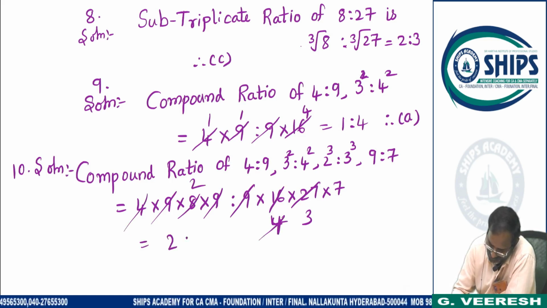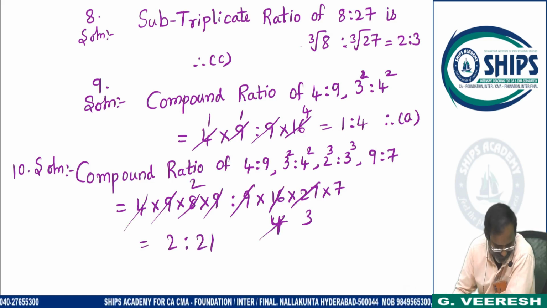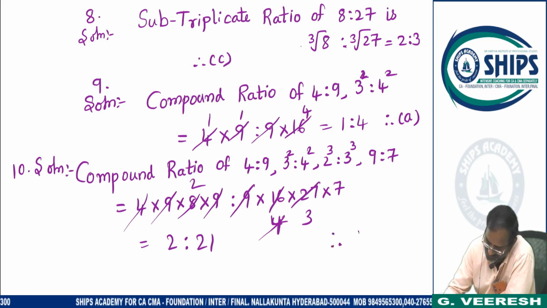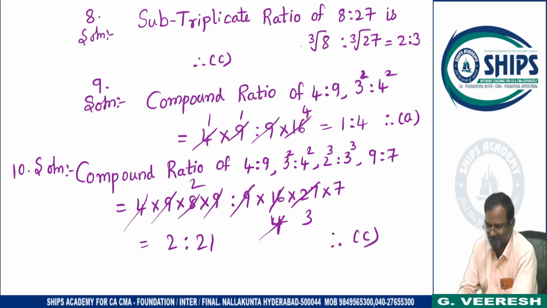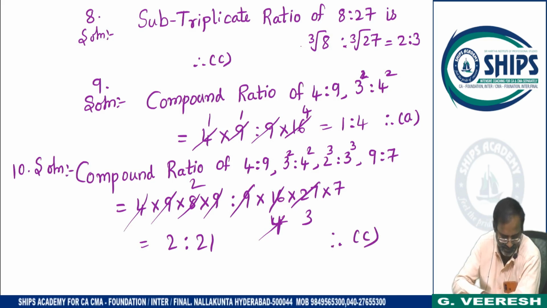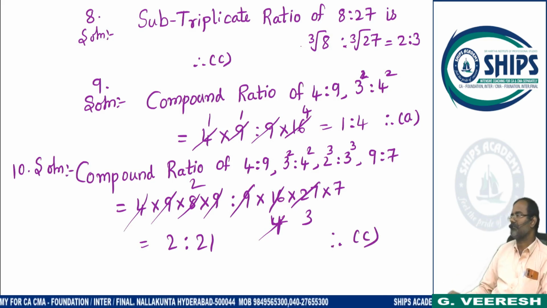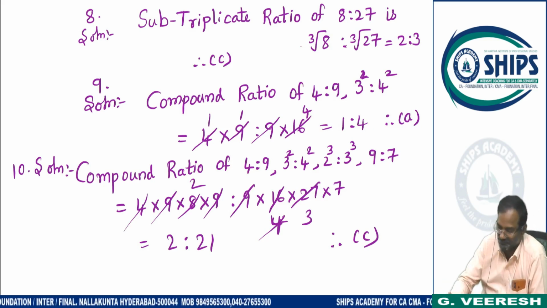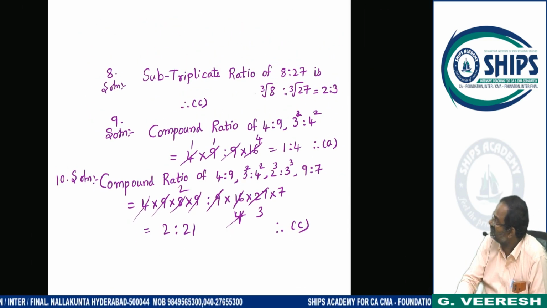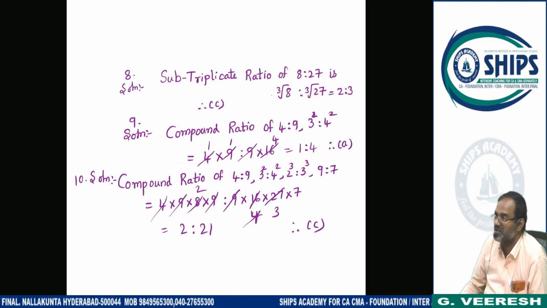So remaining 2 is to 21. So option C it is. Option C. Clear? Like that. More clear vision you'll get.